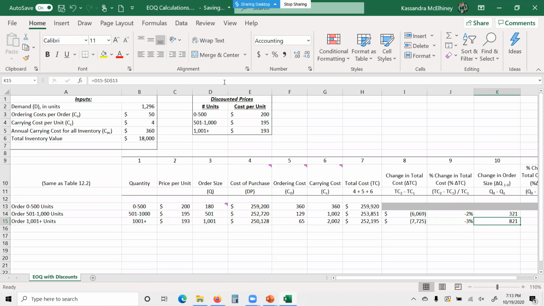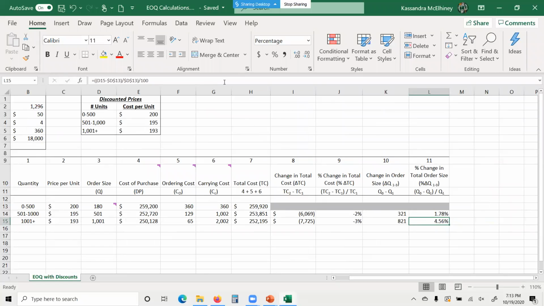So we're changing order size, 1,001 units versus 180, a difference of 821 units, and a total change in order size of over 4%.